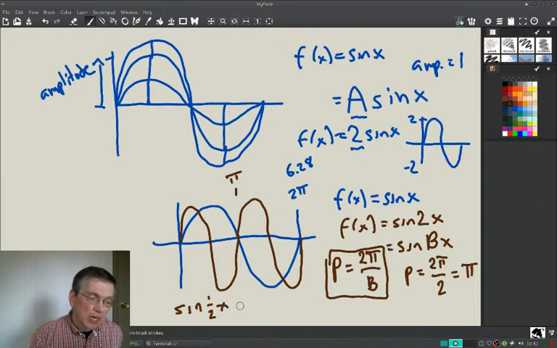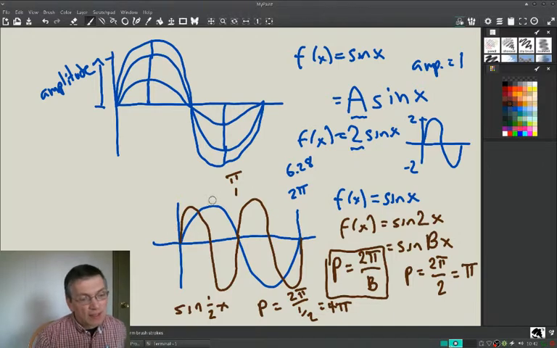You don't have to think about it. You can just plug it into this formula. What's the period of that going to be? It's going to be 2 pi over 1/2. You can flip and multiply, and that becomes 4 pi. Alright, so this is a curve that has a period of 4 pi.